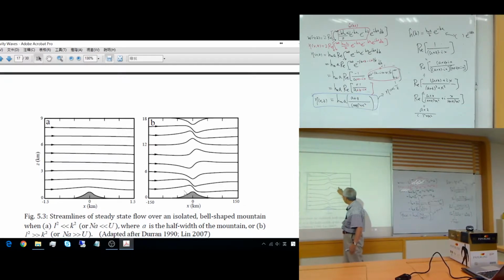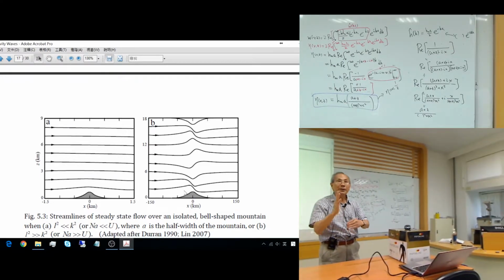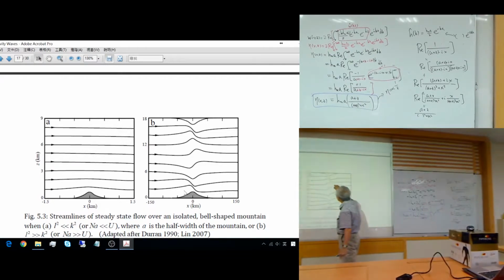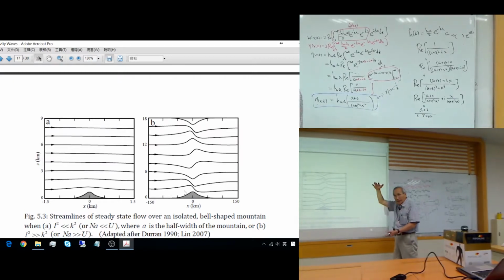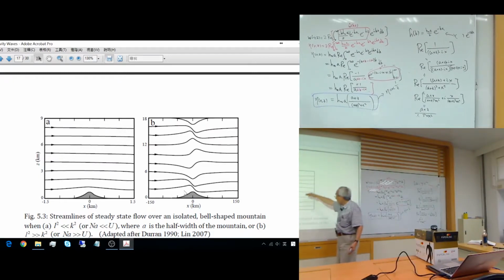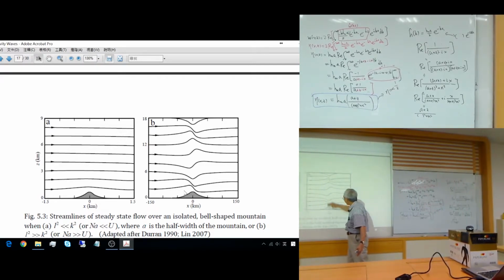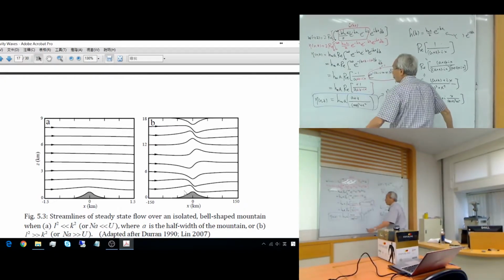It's almost the same as the mountain because it's repeated. The wave energy can propagate to infinity, so the wave is repeated. See here, repeated. What's the height of the repeat? This is called the reverse mountain. This is repeated, so this is one vertical wavelength of the mountain wave. So that's the solution for the second part.